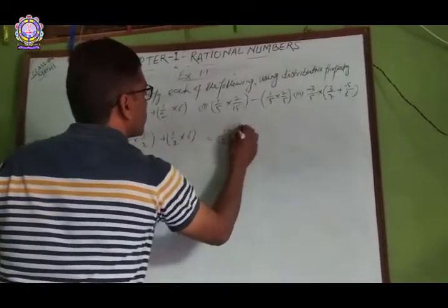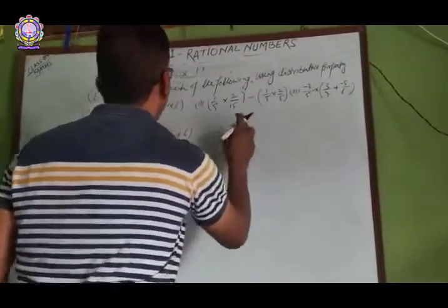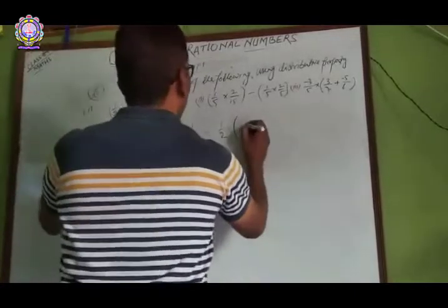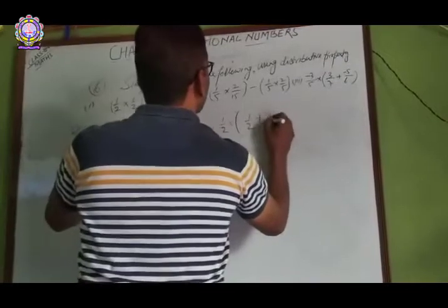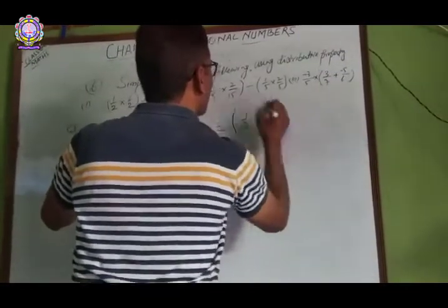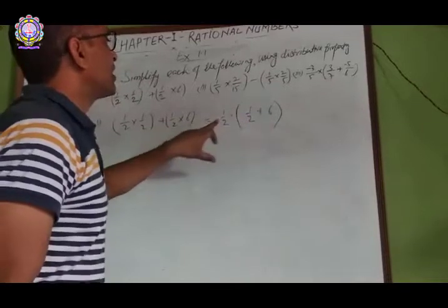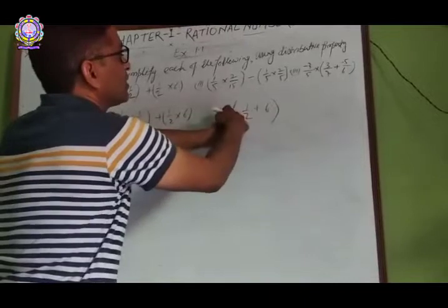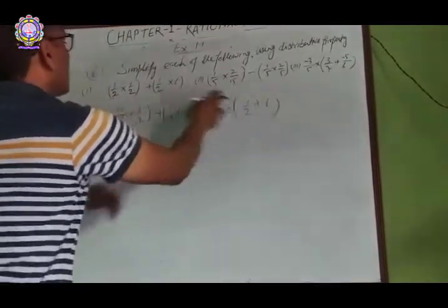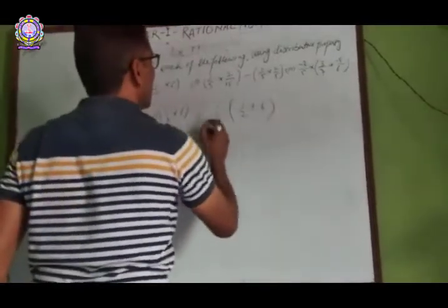Take 1 upon 2 outside of the bracket. 1 upon 2 into, this will be equal to 1 upon 2 plus 6 bracket close. Because of distributive property, we have already discussed that distributive property of multiplication over addition is this multiplied by this plus this multiplied by this. Now you can solve it easily.